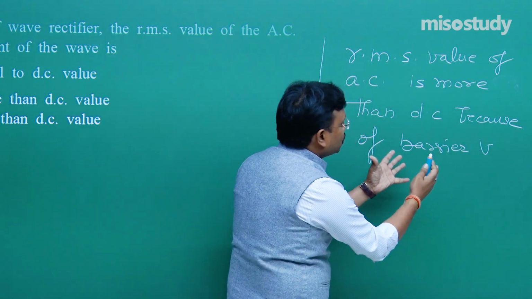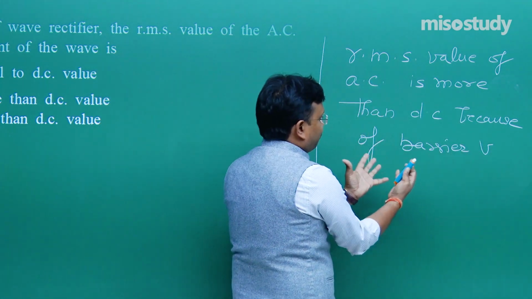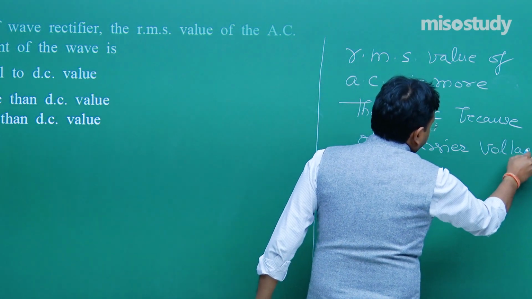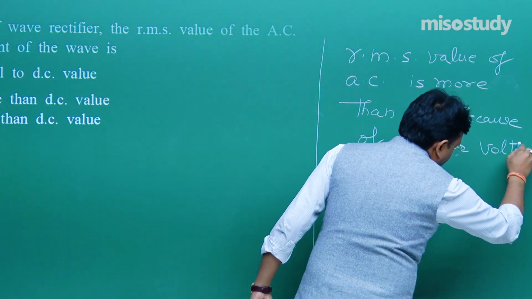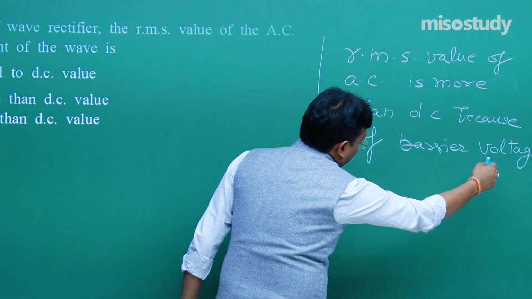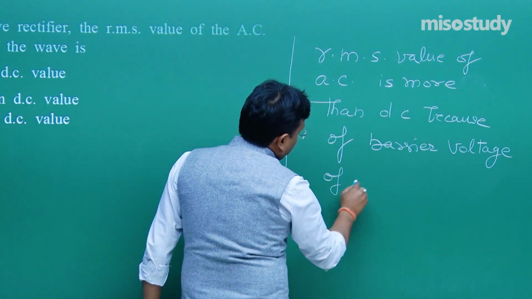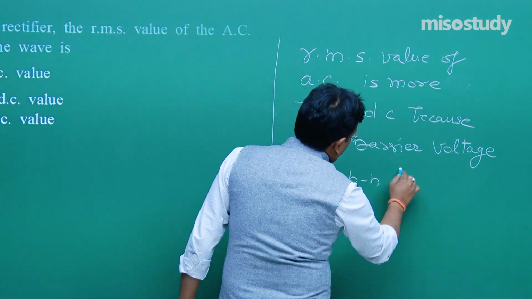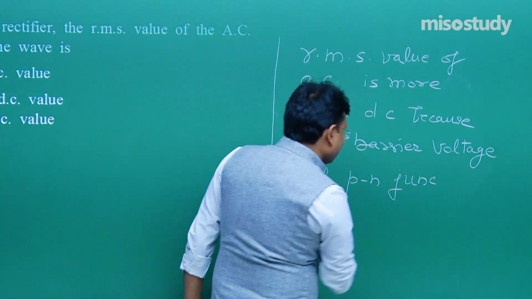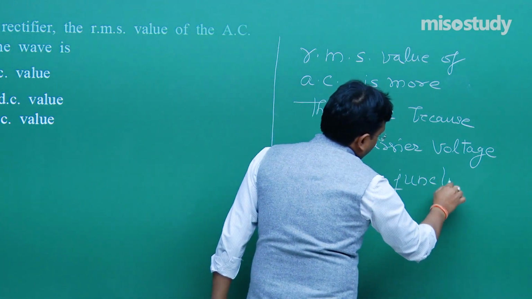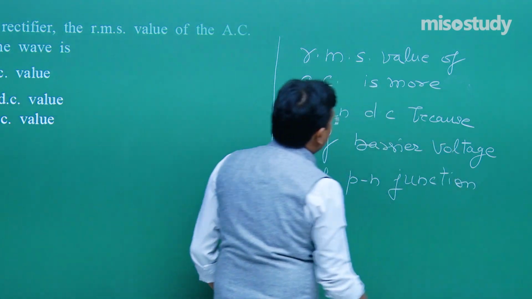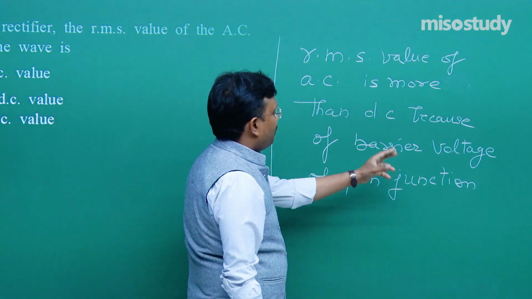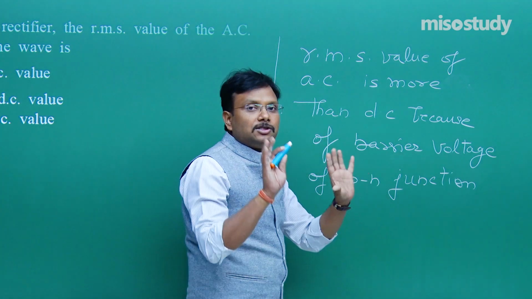This is something I just want to explain to you: DC, because of barrier voltage of PN junction, barrier junction. So RMS value of AC is more than DC because of barrier voltage of PN junction.